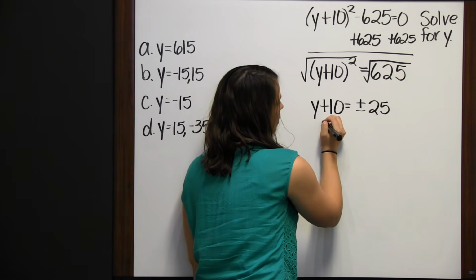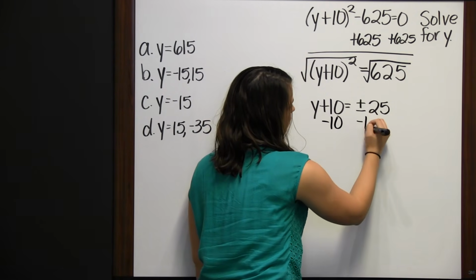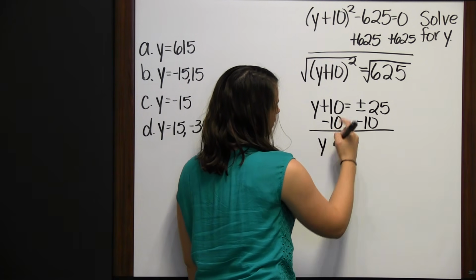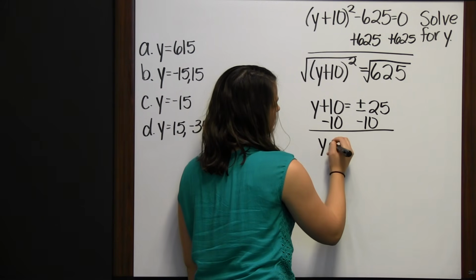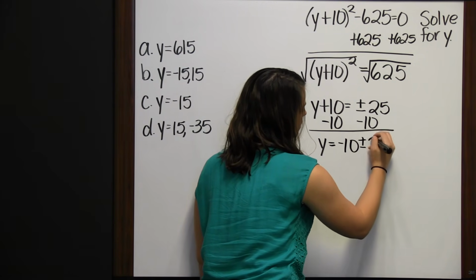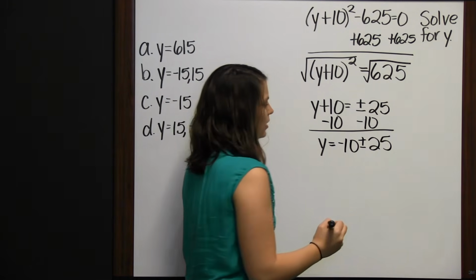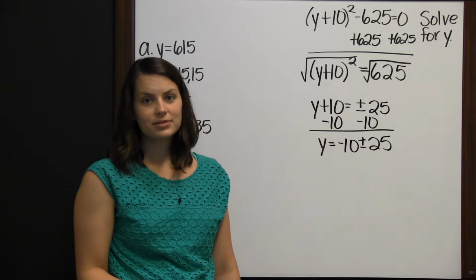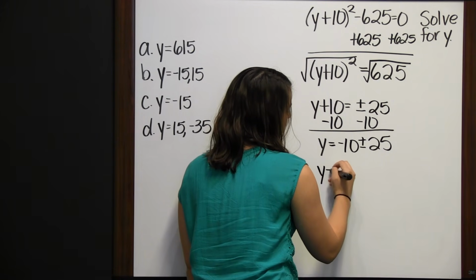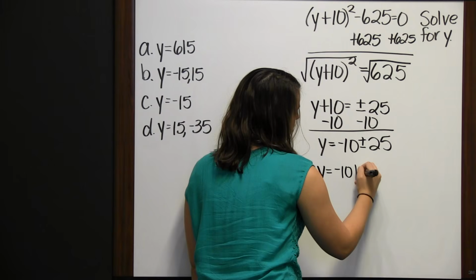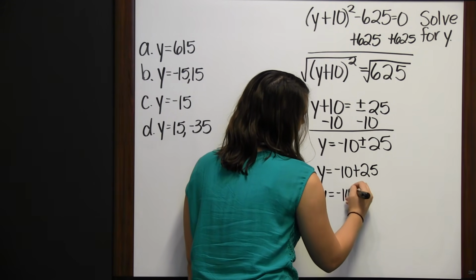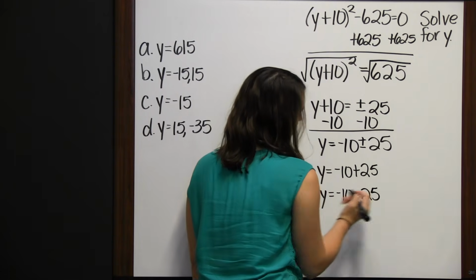And finally, to solve for y, we need to subtract 10 from both sides. So we have y plus 10 minus 10 is 0, so y equals negative 10 plus or minus 25. We have two answers, and to find them, we just need to simplify. So we have y equals negative 10 plus 25, and y equals negative 10 minus 25.